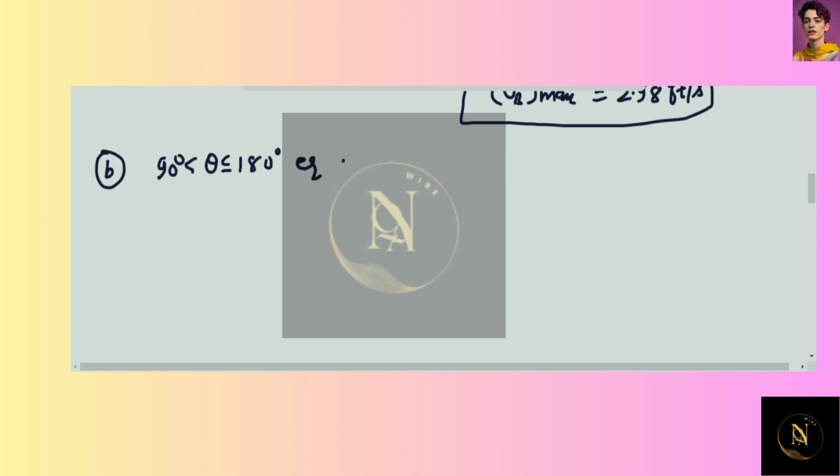Equation third becomes square of velocity should be less than mu s g into rho upon cos of alpha plus mu s sin of alpha.